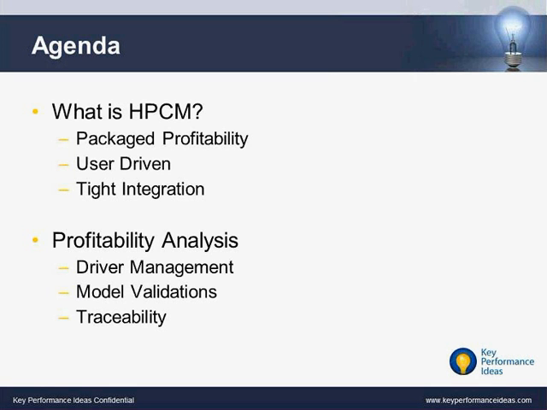Problems you find with many of the profitability models out there: many of them are very manual. Like the original product line profitability application I supported, it was a very manual process. We used tools like Essbase, but there were still a lot of steps that we had to run through in order to get our analysis out to the users. Excel models that we've seen have been extremely manual.